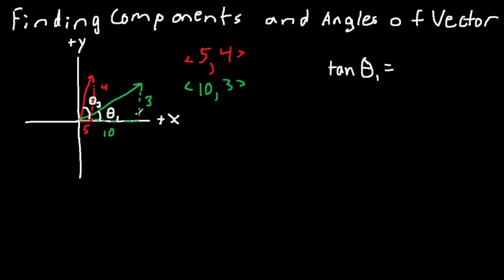The opposite of theta 1 is 3, and the adjacent of theta 1 is 10. We inverse tangent both sides to be left with theta 1 equals inverse tangent of 3 over 10. Let's plug this into a calculator. I'm going to grab a calculator, actually. Okay, inverse tangent of 3 over 10 is 16.